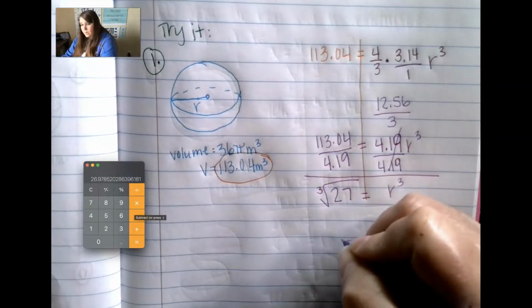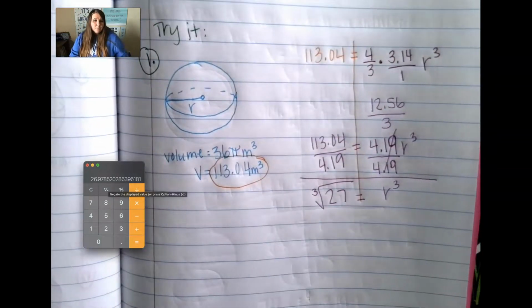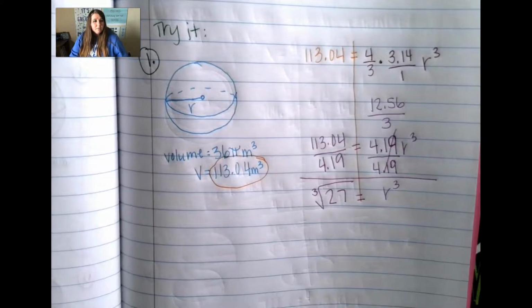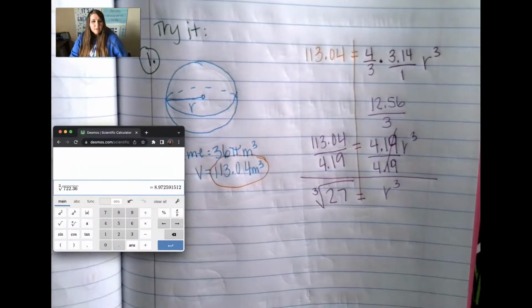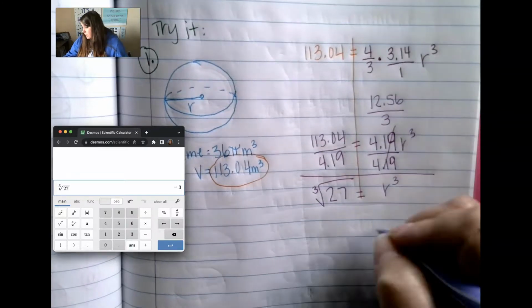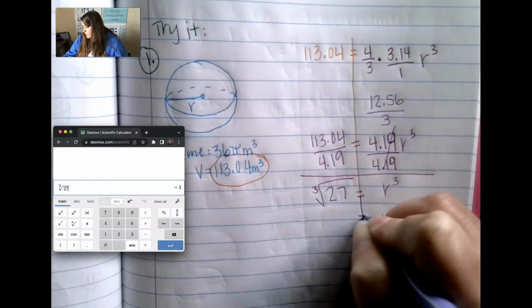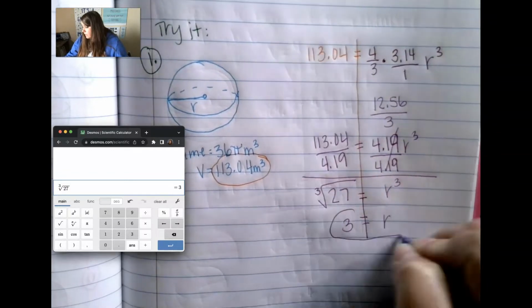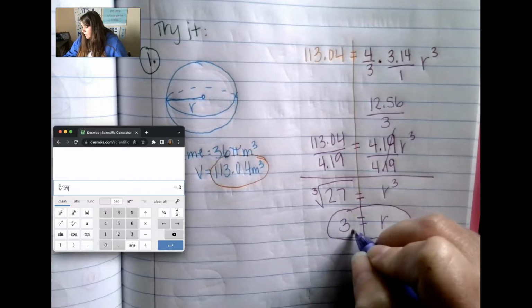So the cube root of 27, when we do something times something times something, it will give us 27. But we probably already know, because we've done this one before, that 3 times 3 is 9 and 9 times 3 is 27. But let's double check it just to be safe. 27 cube root, and you get an answer of 3. So r equals 3. And that is 3 meters.